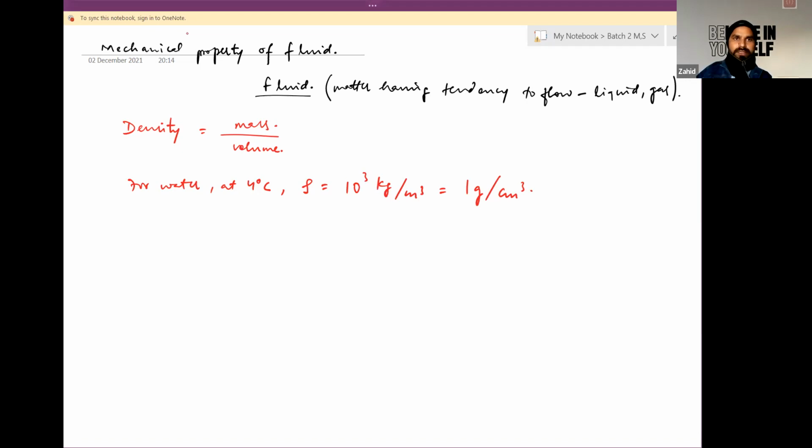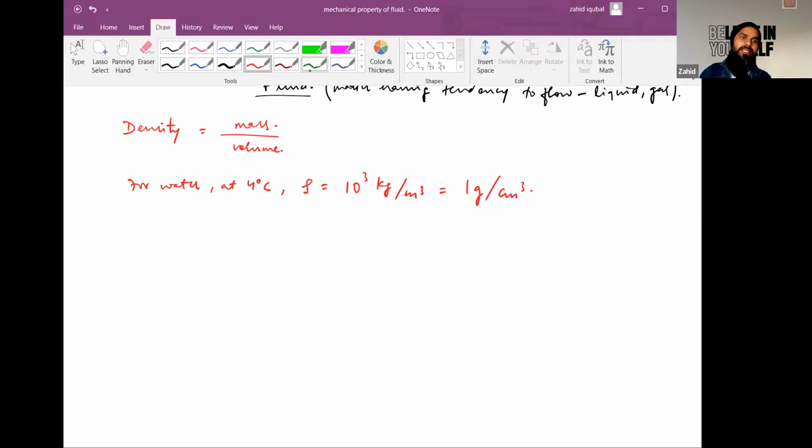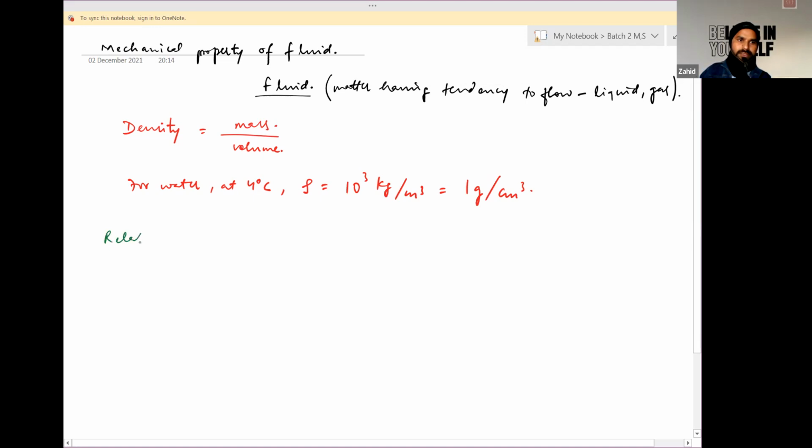Now, to define a ratio with respect to any other substance, we use a term that is relative density. I will define in the next chapter how the density or volume of a particular substance changes with temperature.